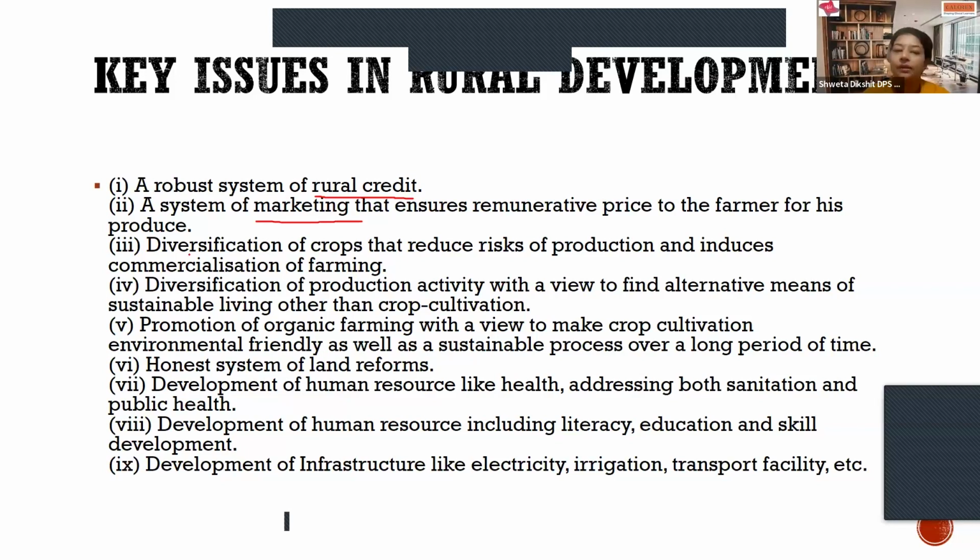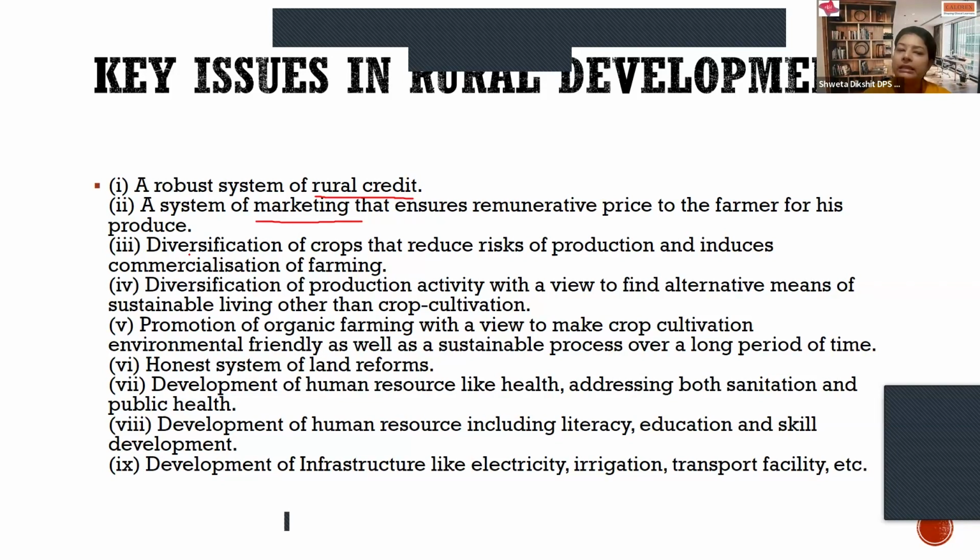Then the diversification of crops, which is definitely one of the harbingers for the farmers. If the farmers know many other economic and productive activities other than farming, life becomes better. But here in India, it's one of the serious challenges that there is a lack of diversification of crops. Along with that, they don't know what commercialization of farming is.